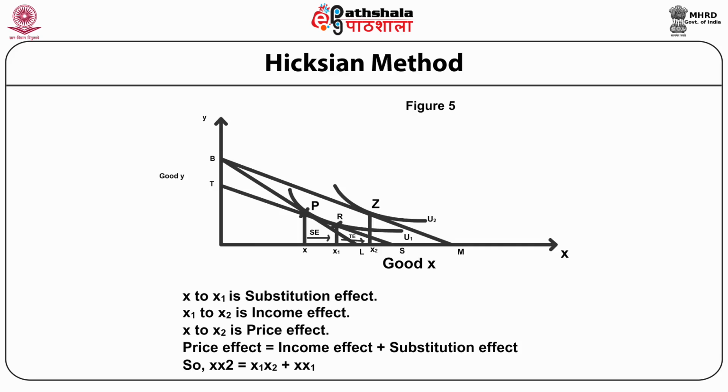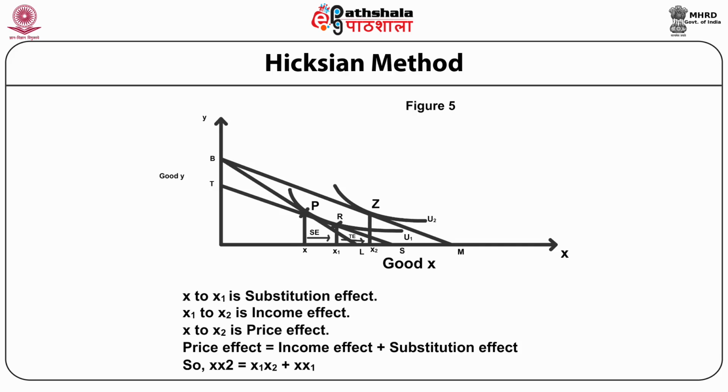Now we draw another budget line, TS, which is parallel to the new budget line BM, and which shows that an equal amount of income is taken away from the consumer, an amount equal to the increase in the real income.